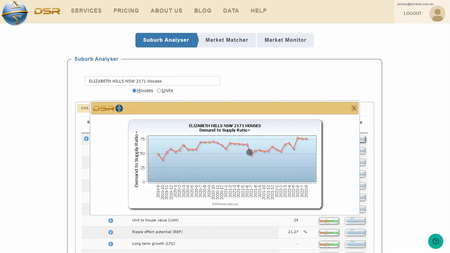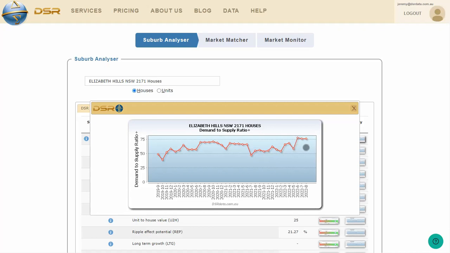Imagine we were back in June 2022 and looking at the DSR Plus for Elizabeth Hills houses. It was 77 back then, but a quick check of the chart and we would have noticed that for the month prior, it was about 20 points lower. Back in June 2022, a DSR Plus of 77 looks like an anomaly, a one-off caused by low volume of data.